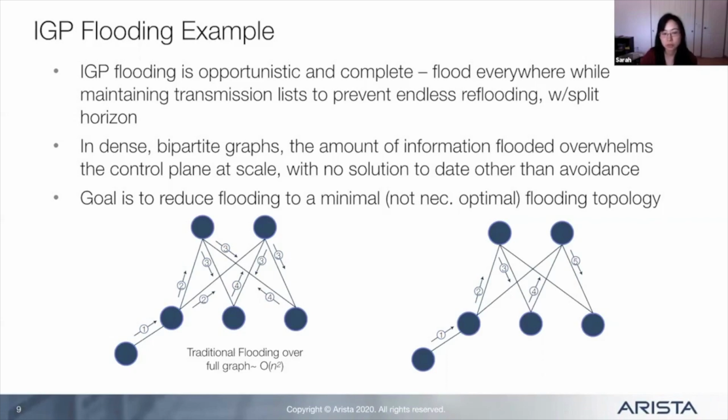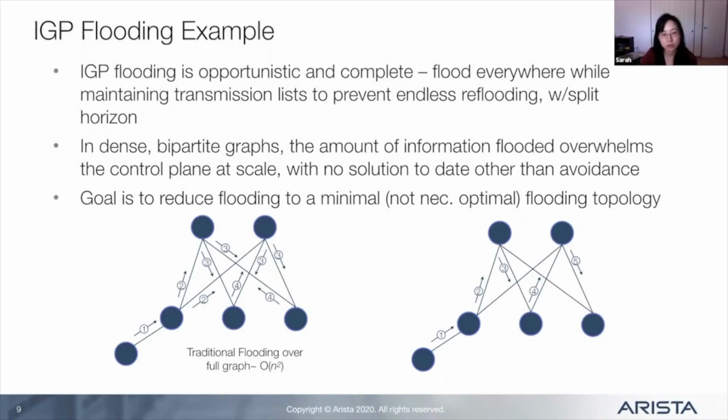Maybe one node cannot catch up, so it will lose the hello packets and drop the adjacencies. This will cause more link state updates and another wave of flooding. Then in a big dense network, maybe multiple nodes are overwhelmed. At the end, this can cause a network collapse.